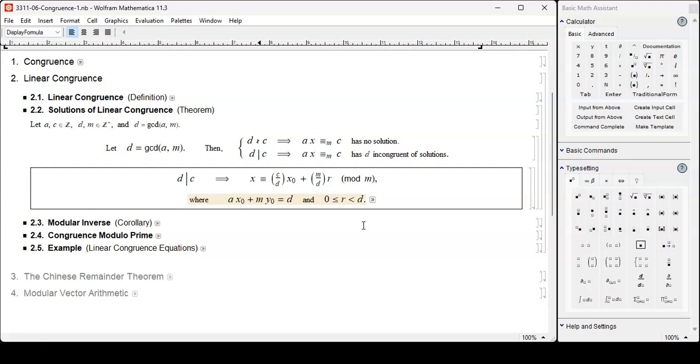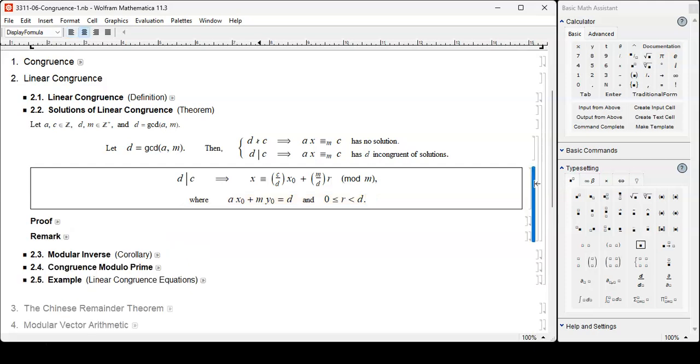We are doing modulo m, so in general there are m equivalence classes, 0, 1, 2, 3, and so on up to m minus 1, but not all of them qualify, only d of them. That's striking, and that d happens to be the same as this GCD. Everything fits. It's a beautiful result.